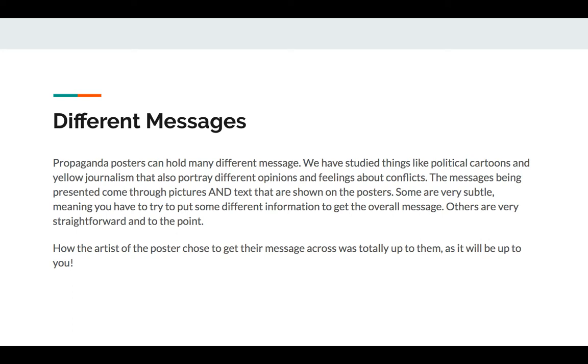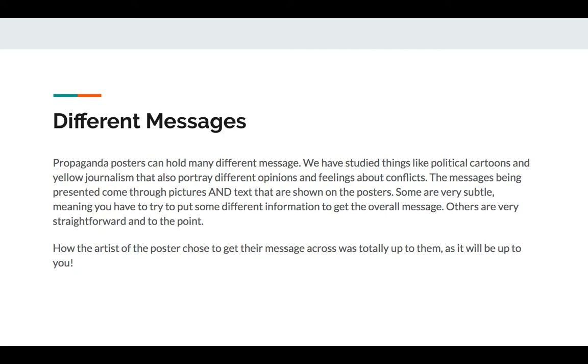Propaganda posters can also hold various different messages. We've studied things like political cartoons and yellow journalism that also portray different opinions and feelings about conflicts. The messages being presented come through pictures and text that are shown on these posters. Some of the messages can be very subtle, meaning that you have to try to put together some information to get the overall message.